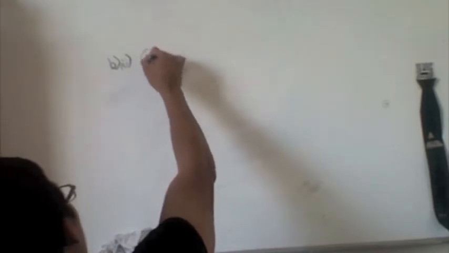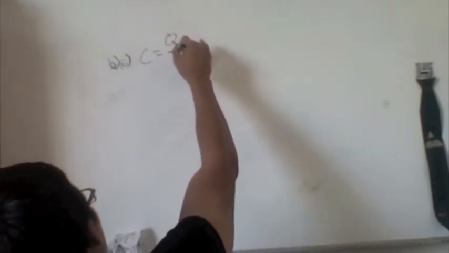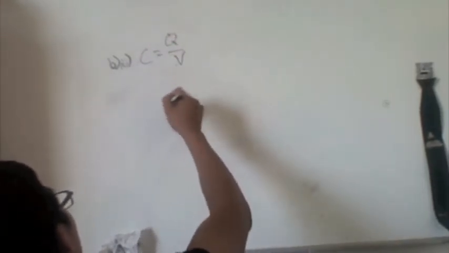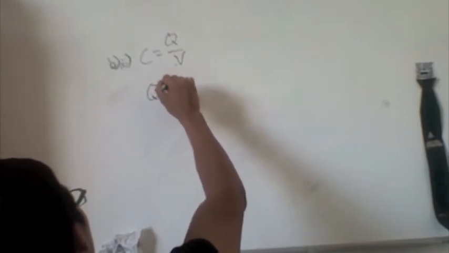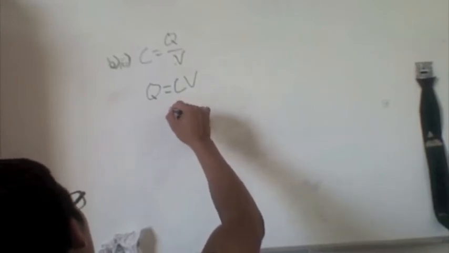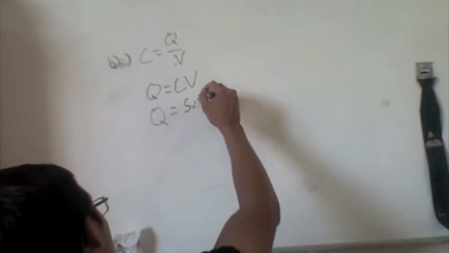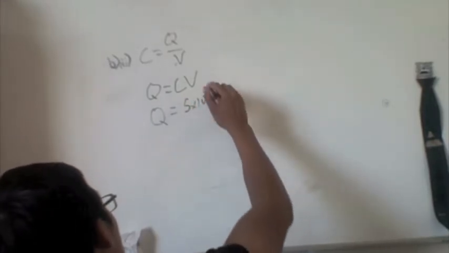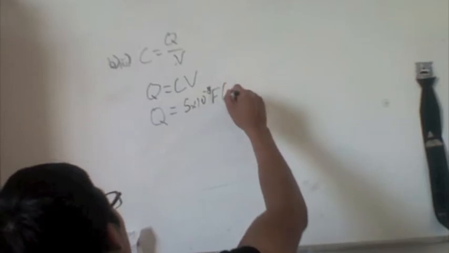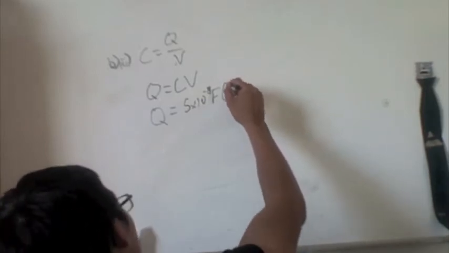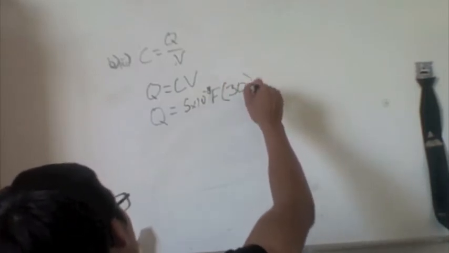Okay, so part B, triple I, asks you to find the magnitude and sign of the final charge on the bottom plate of the fully charged capacitor. So we know C equals Q over V from the equation sheet. If you're trying to find Q, it's going to be Q equals CV. We know capacitance is 5 times 10 to the -8 farads, and your voltage is 30 volts.